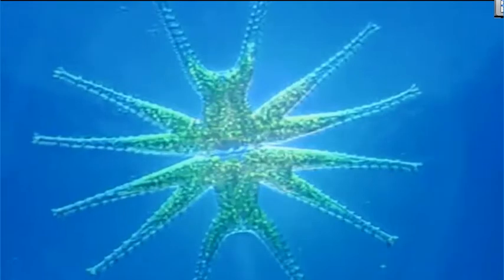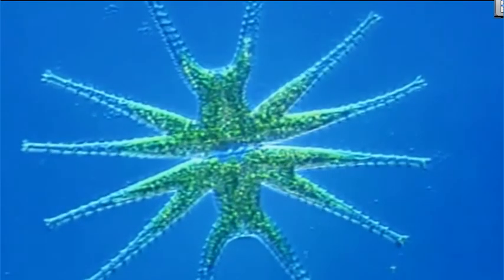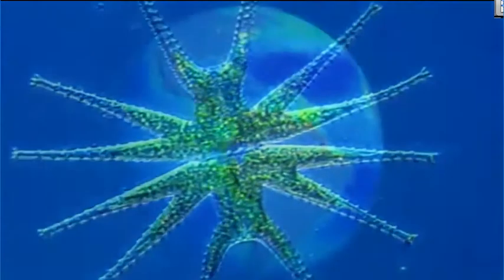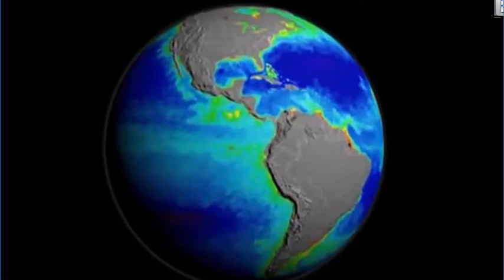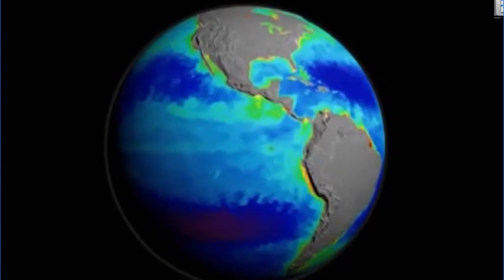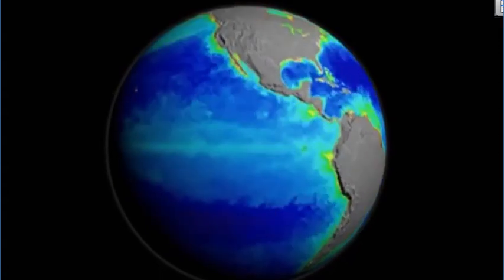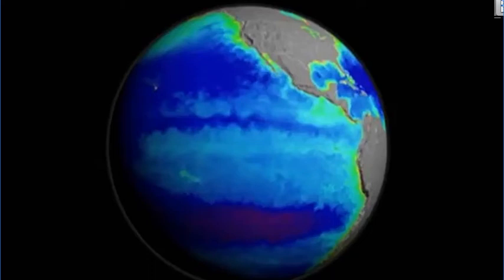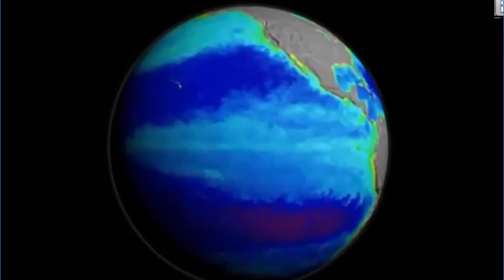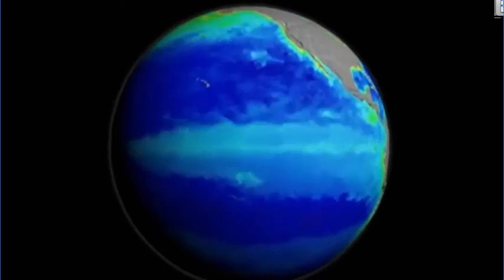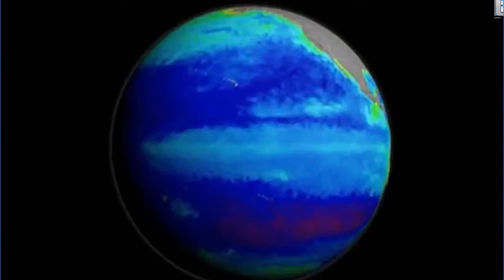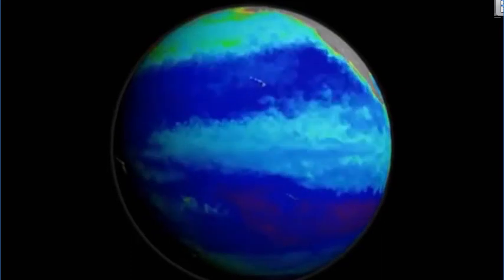And this releases a very important byproduct: oxygen. This process takes place on a global scale. All these green patches show areas of phytoplankton, and they're all producing oxygen, which fills the seas and the atmosphere.